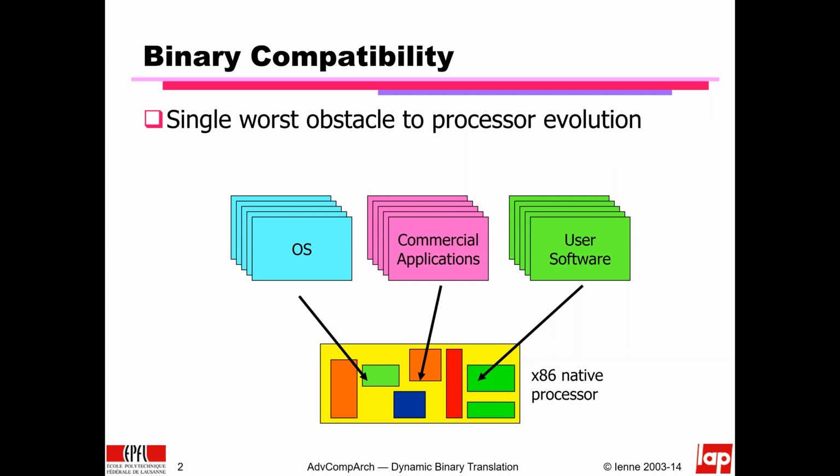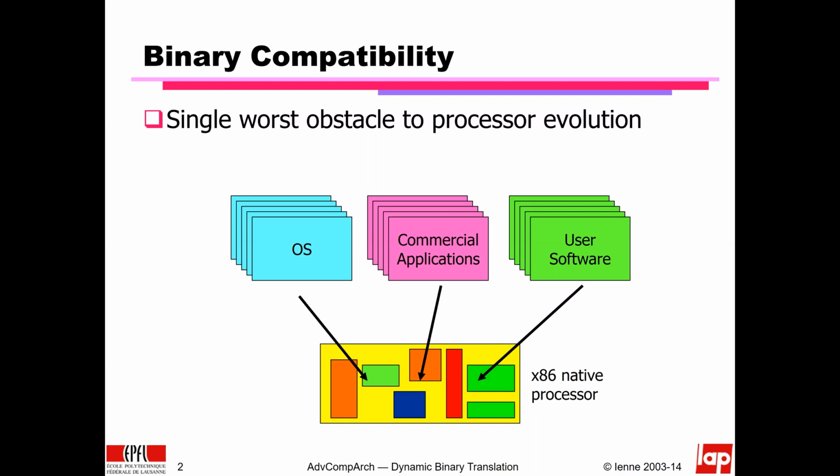Maybe it was a simple pipeline processor when I compiled it, and now it is a superscalar. And I want to run the same code unmodified, and of course, profit from the microarchitectural improvements of the architecture.